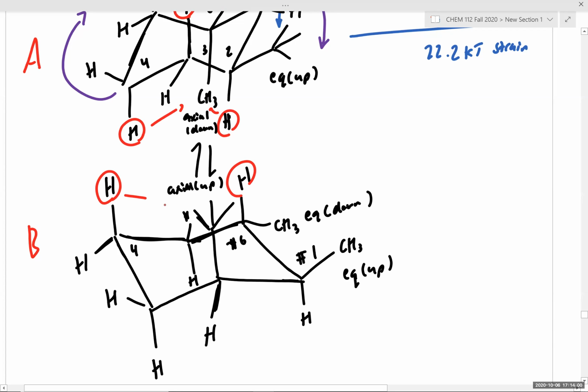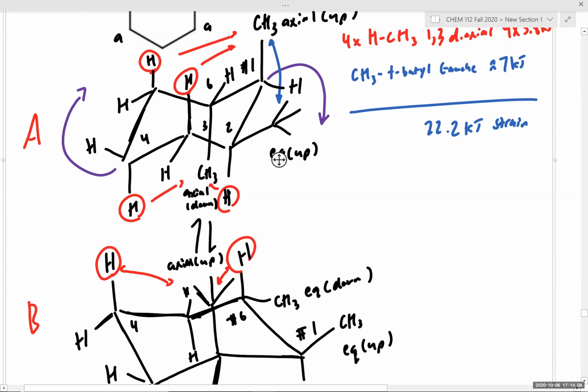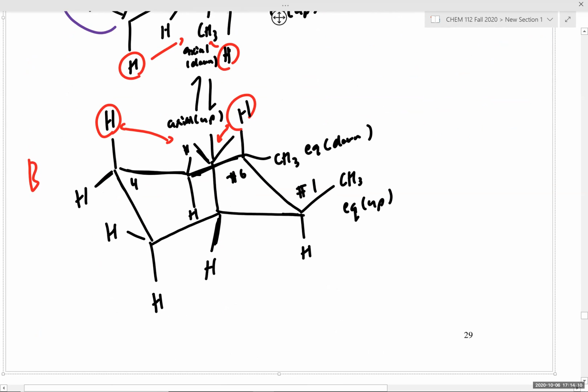What steric or torsional interactions do we have in structure B? Would anyone like to volunteer some suggestions?